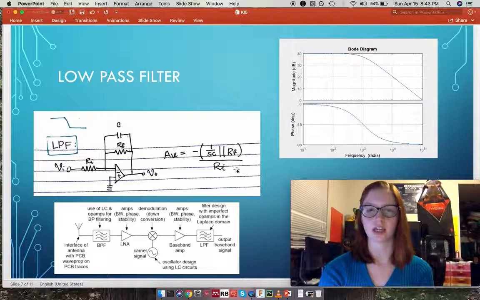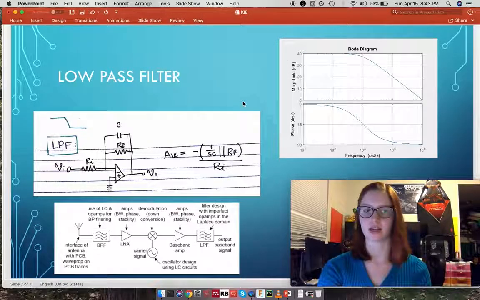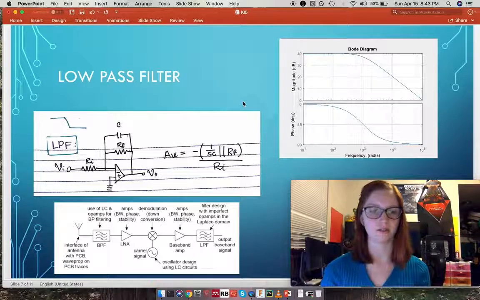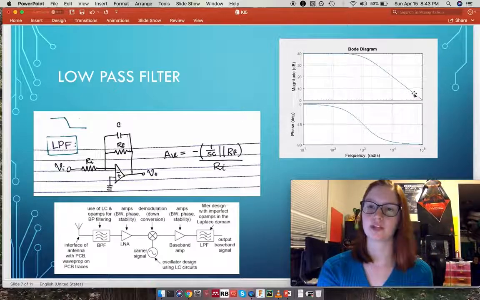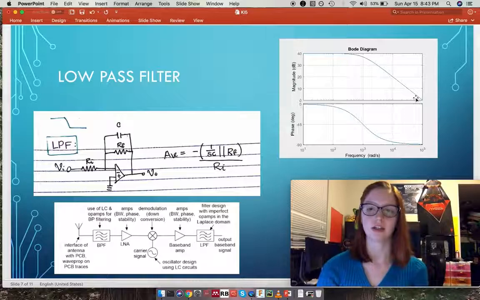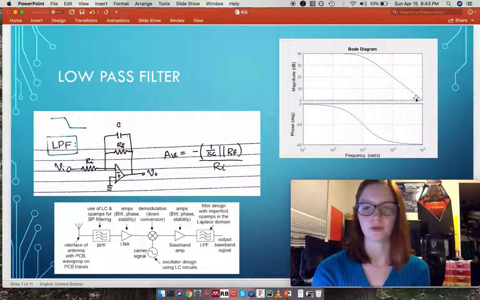Here's the gain, and here is our Bode plot where we have the lower frequencies allowed through, and the higher frequencies being cut off. And this speed of transition depends on several factors, which we will talk about in a minute.